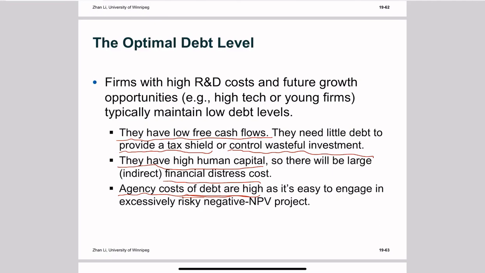So if they use debt, then there is higher likelihood this firm can invest in these risky negative projects when there is this possibility of default, right? So basically the potential of asset substitution is high for high-tech and young firms. So to prevent asset substitution from happening, these firms should use a low level of debt.